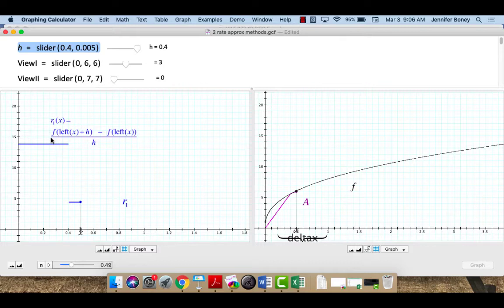So besides the fact that it's not quite the sort of rate function we're looking for, even with h smaller, I'd like it to connect instead of just being a bunch of different rate values that always are going to change suddenly from one to the next, because of the way we do this. The second I move into a new interval, I have a completely new computation to do.